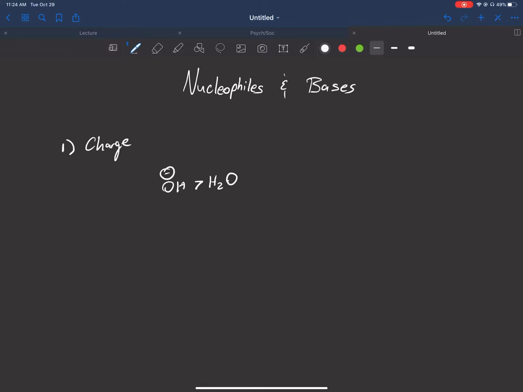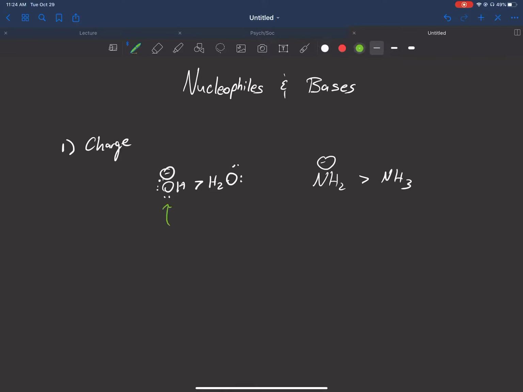It has higher electron density: 3 lone pairs on that oxygen versus 2 on here. Same if I had, let's say, NH2 minus versus NH3.